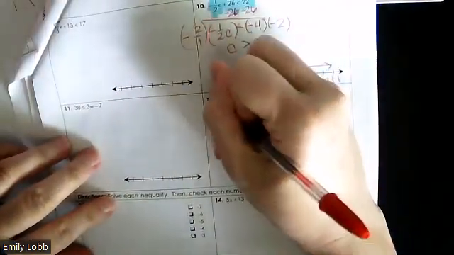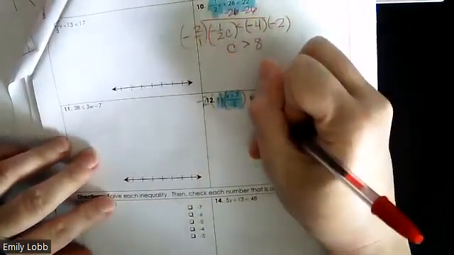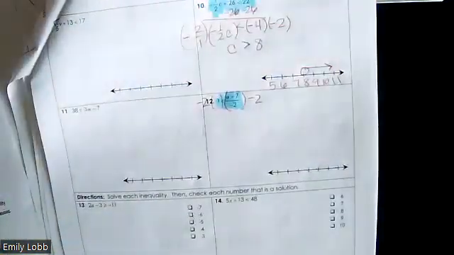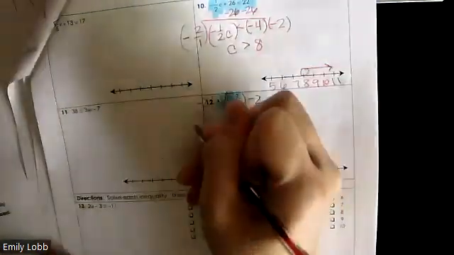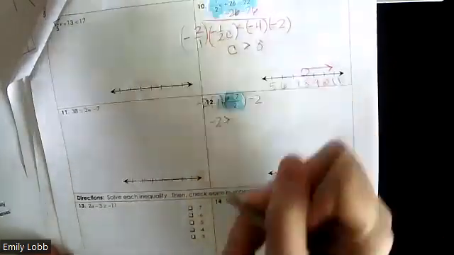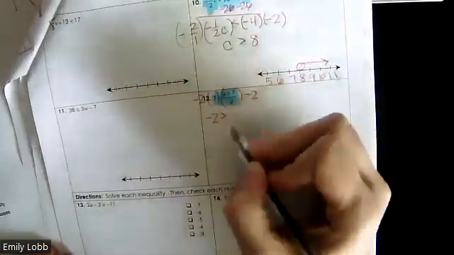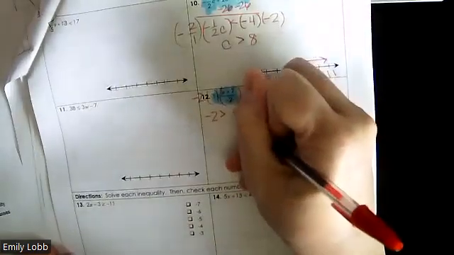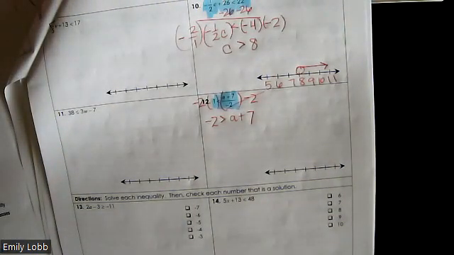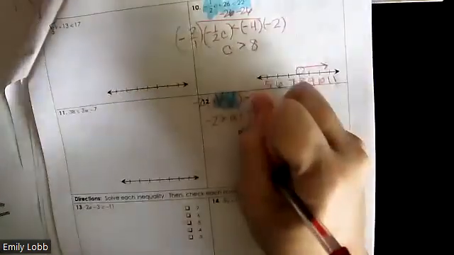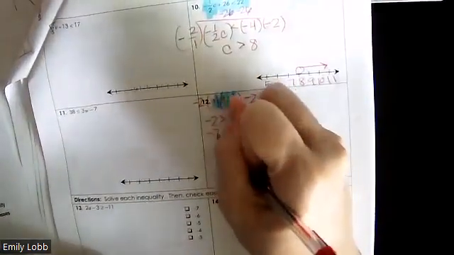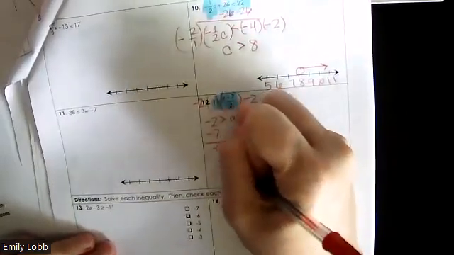So when I multiply both sides by negative 2, remember multiplying or dividing by a negative means my sign gets flipped. So negative 2 times 1 is negative 2, right? That cancels out my denominator, and I'm left with a plus 7. So then when I go to solve for a, I'm getting rid of the 7. So I have negative 9 is greater than a.